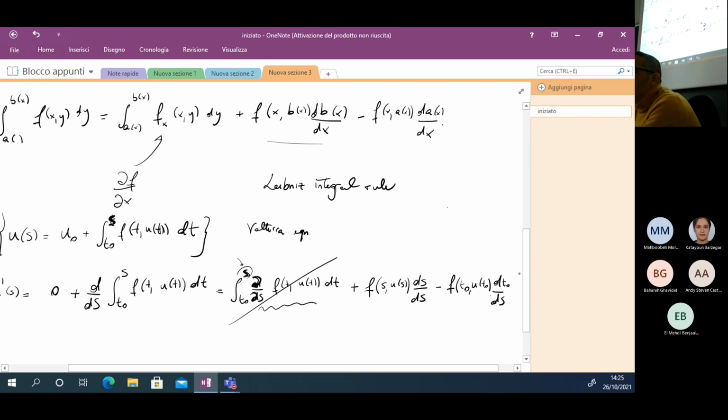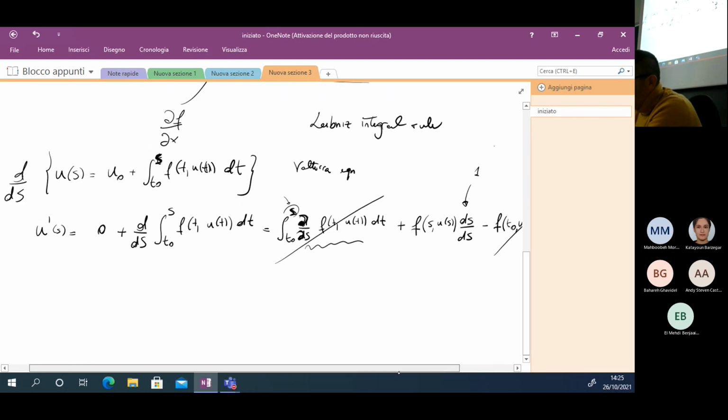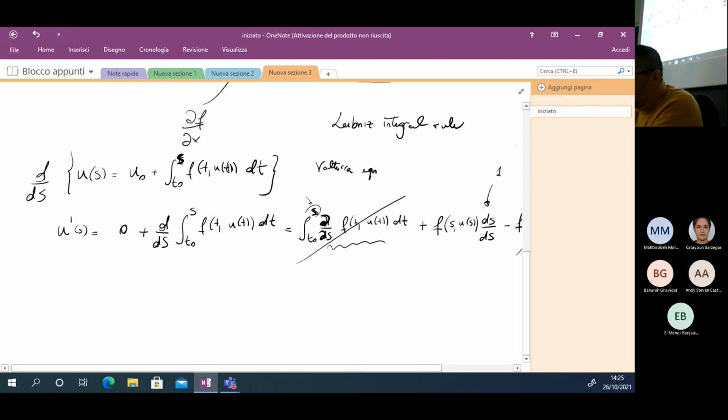T naught is not a function of S, so the derivative of t naught with respect to S is equal to 0. This term is also 0. This object here is the S in the S, it's 1. So how can we rewrite this equation? U prime of S is equal to f(S, u(S)).